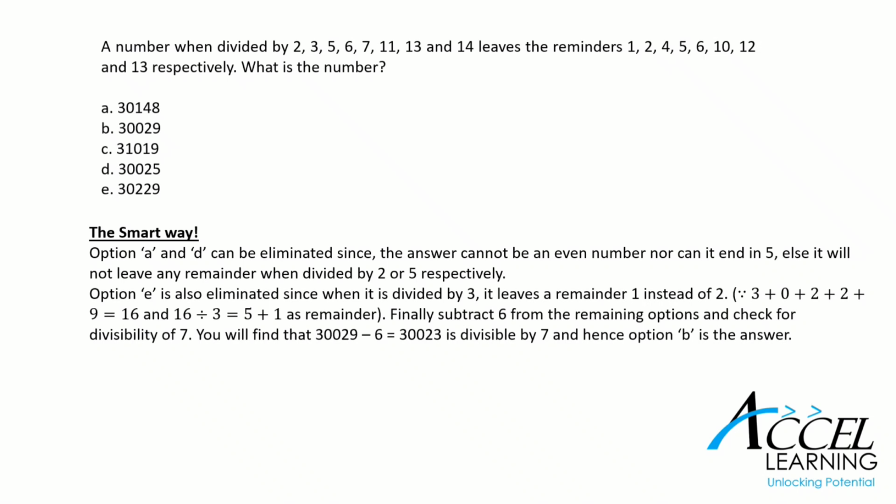Because 3 plus 0 plus 2 plus 2 plus 9 equals 16, and 16 divided by 3 is 5 plus 1 as remainder. Finally, subtract 6 from the remaining options and check for divisibility of 7. You will find that 30,029 minus 6 equals 30,023, which is divisible by 7, and hence option B is the answer.